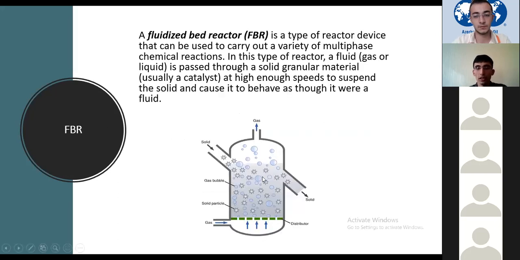We can give some gas, propylene, ethylene, and sometimes hydrogen, to make it like a fluidized bed, and then we can get a product which we call copolymers. So in the production of high density copolymers, to be more exact, we use the gas phase reactor, and it's one example of a fluidized bed reactor.